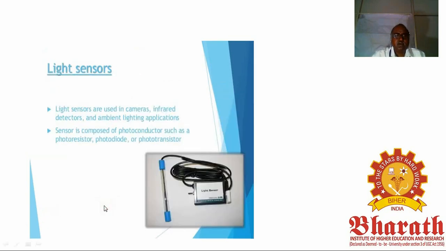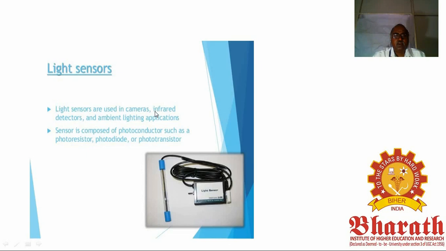Next, light sensors are required where the cameras are employed in order to maintain adequate illumination. We need a feedback loop which will take the input from the light sensors, which is shown in the diagram.